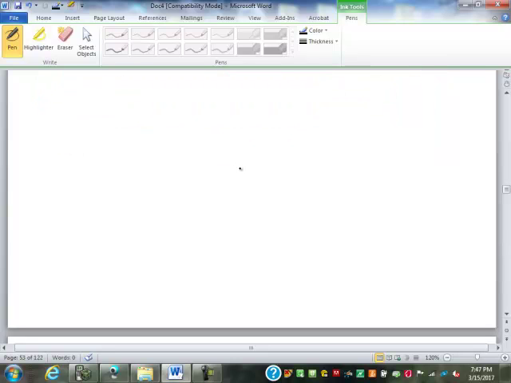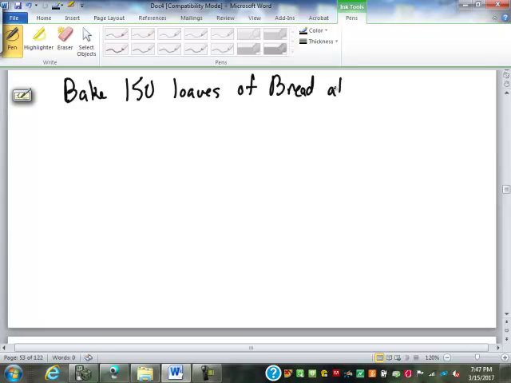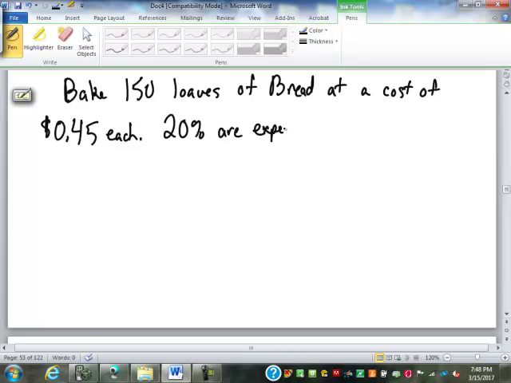Let's have you guys try one of these now. So let's say you bake 150 loaves of bread at a cost of 45 cents each. 20%, are expected to not sell.